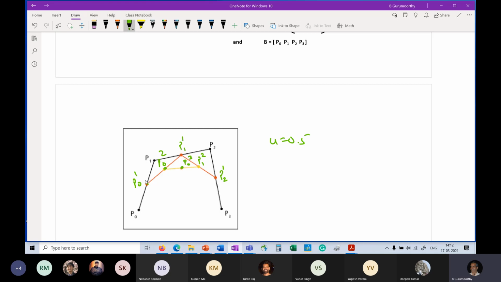So all I have done is a series of linear interpolations. At the end of this, it turns out that this point P03 lies on the Bezier curve defined by P0, P1, P2, P3 at u equals 0.5.